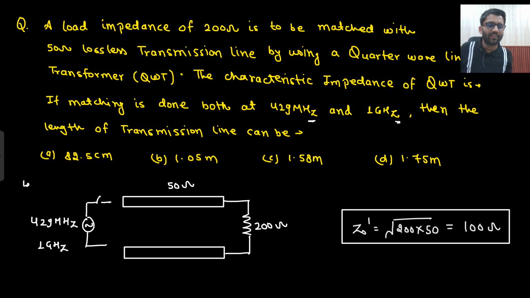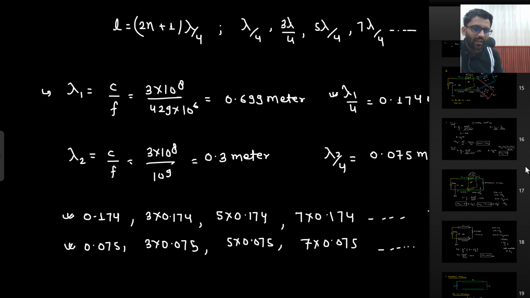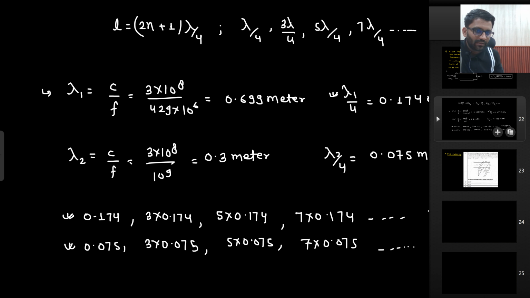So 82.5 centimeter, sorry, 82.5 centimeter. Options. What I am doing, I am going with the options. In the options, option A is saying 82.5 centimeter, so that is 0.825 meter.